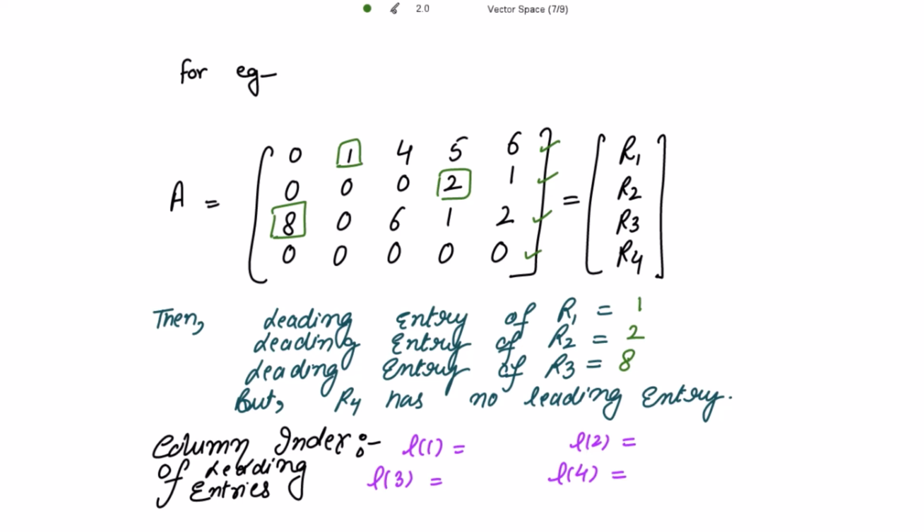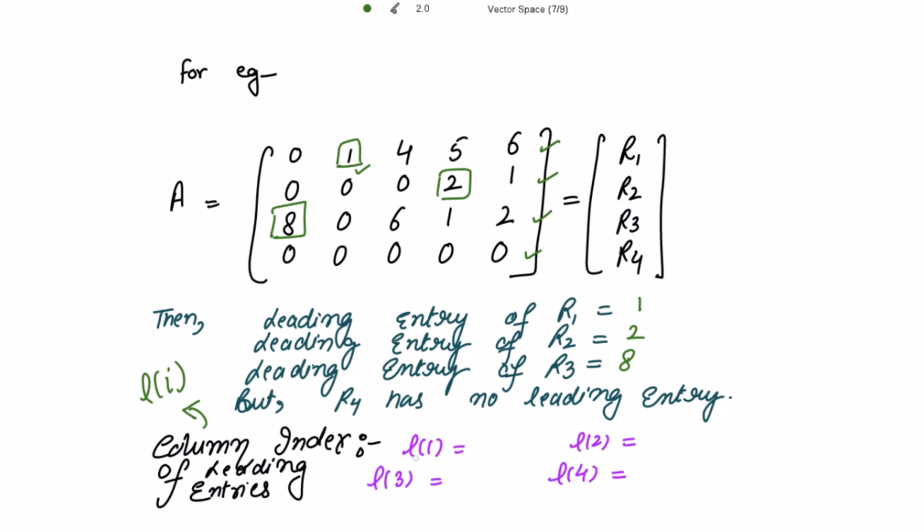Now the column index of leading entries. The column index of the leading entry for the R1 row is, where is the leading entry? Here is your leading entry. The column index is denoted by Li, so for the first row it is L1.